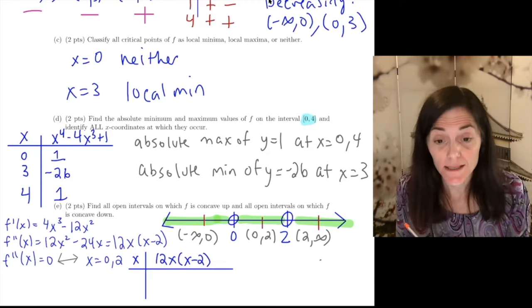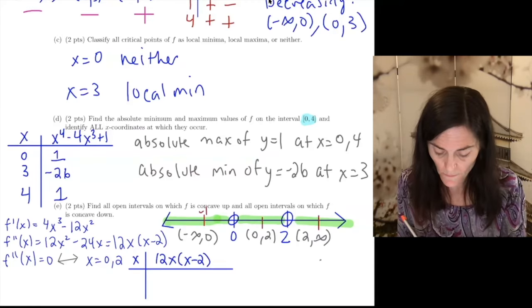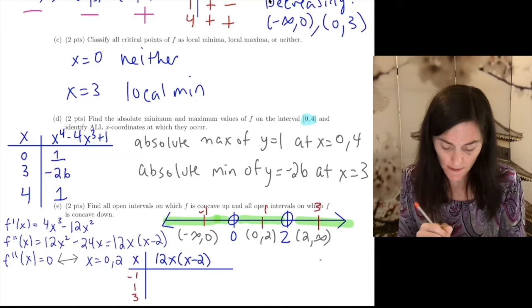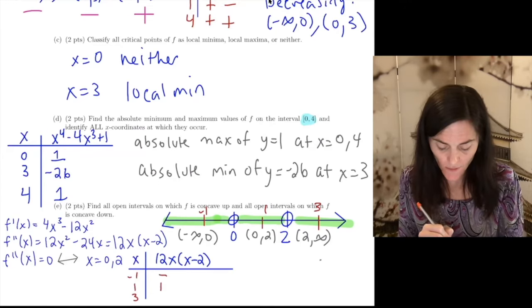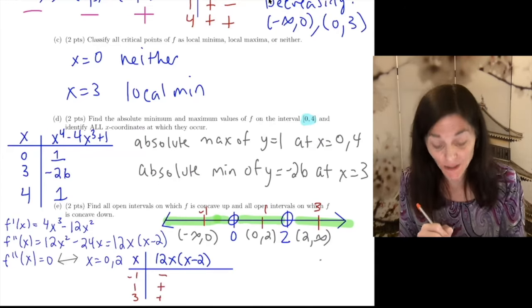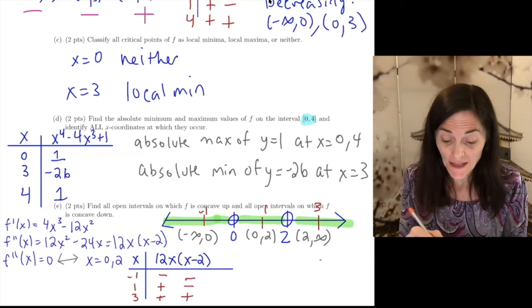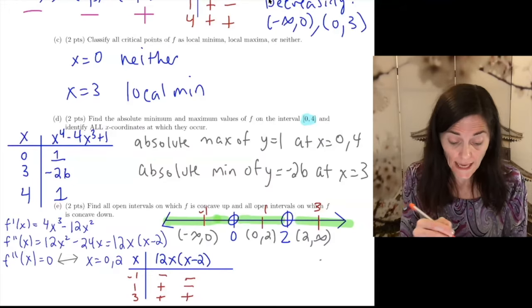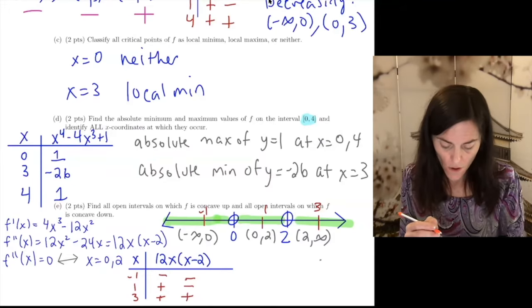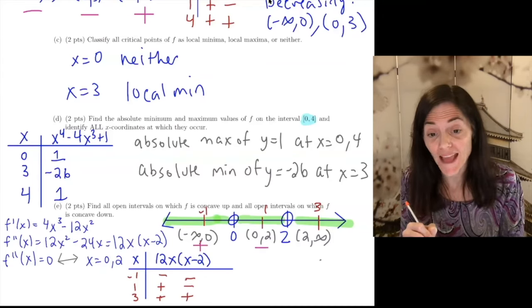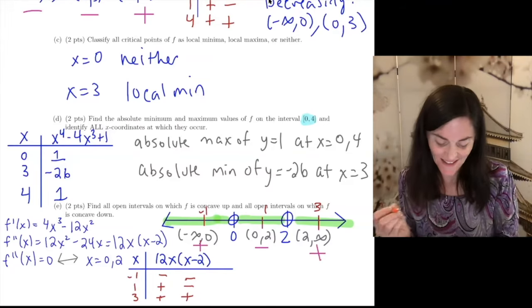I will test at minus 1, 1, and 3. And 12x, let's see, this is negative, positive, positive. X minus 2, negative, negative, positive. And so you see, for the second derivative, we have positive on this interval, negative on this interval, and then positive on this interval.